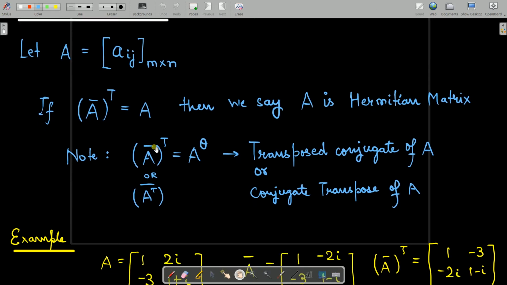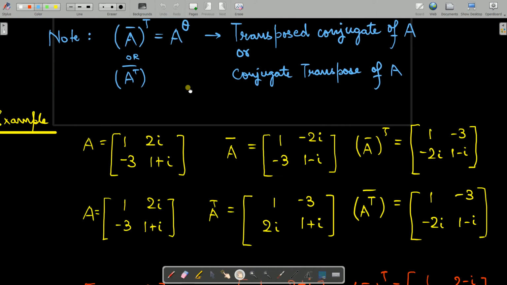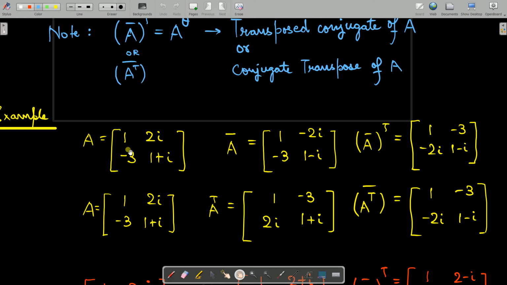Now how can we say that A conjugate transpose and A transpose conjugate are the same? Let's see here. We have a matrix A which is 1, 2i, minus 3, 1 plus i. If we find A conjugate, this 1 will be 1 itself, the conjugate of 2i will be minus 2i, the conjugate of minus 3 will be minus 3, and the conjugate of 1 plus i will be 1 minus i.